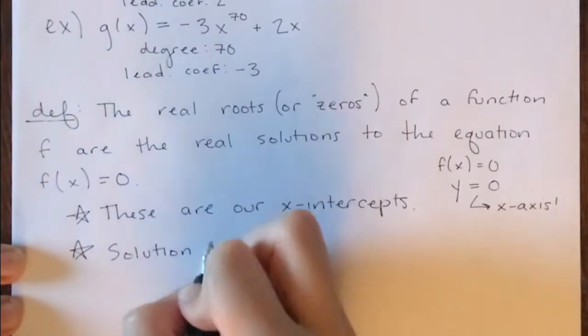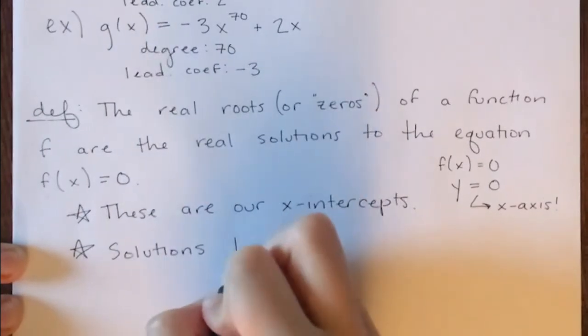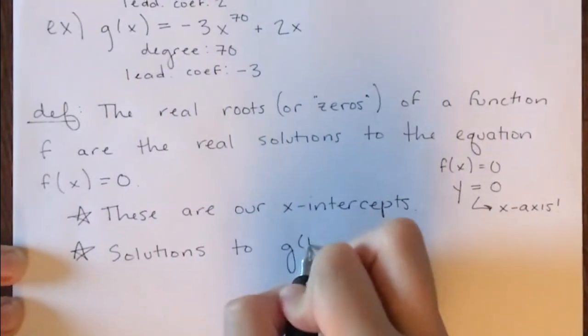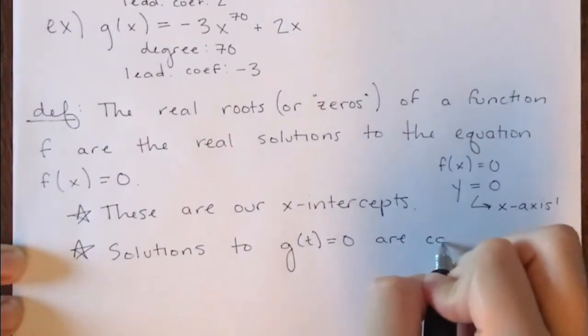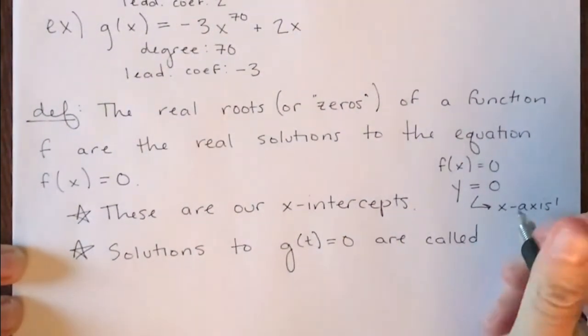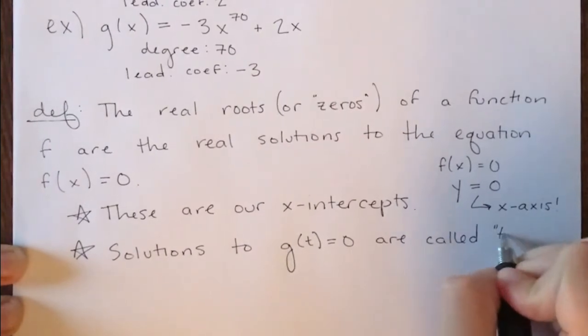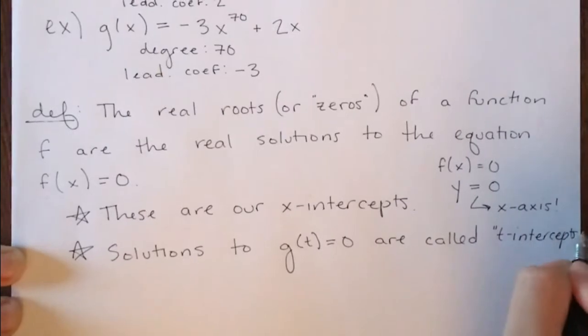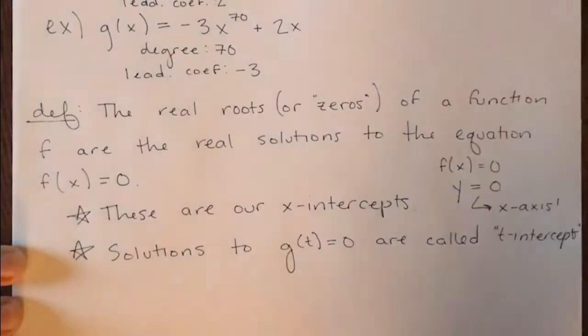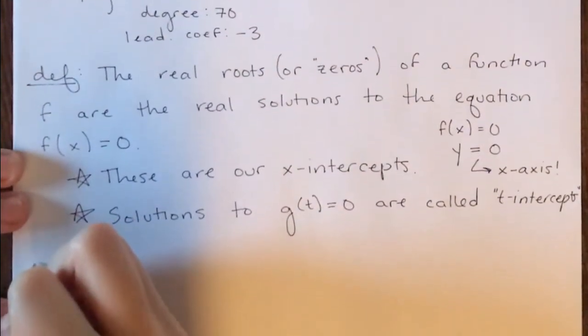Just a note here, solutions to g of t equals 0 are called t-intercepts.